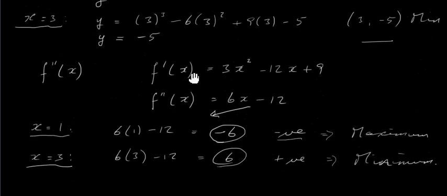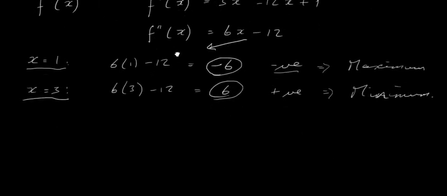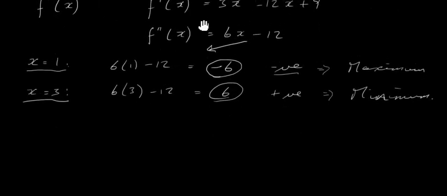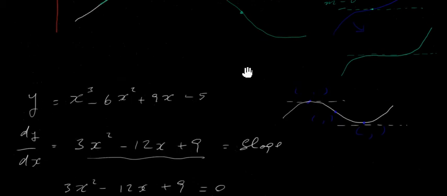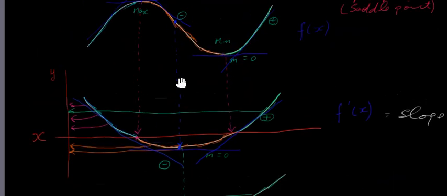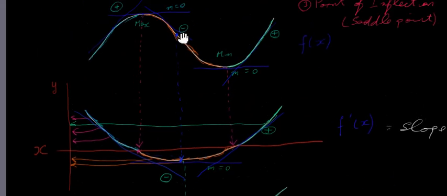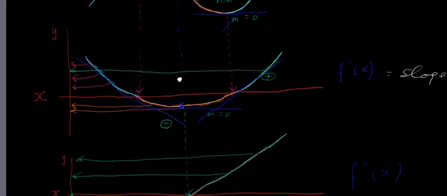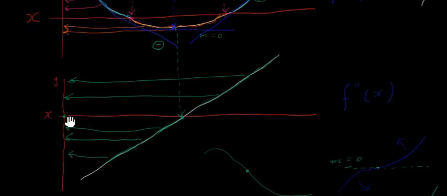Now, what about the point of inflection then? Let's see if we can find that. Remember initially, if I go back to my original diagrams back up here, I said that if the second derivative is equal to 0, that will give me my stationary, or my point of inflection I should say. So my second derivative must be equal to 0.